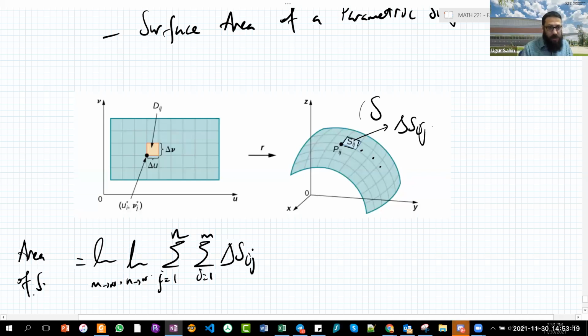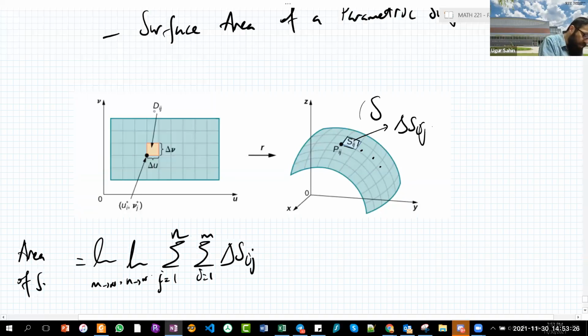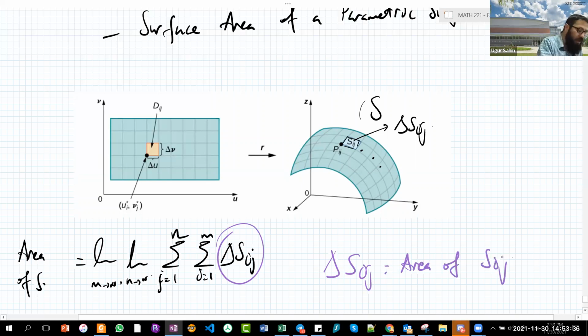But the problem comes from this part, guys. What is the area of delta S_ij? How can I calculate the area of S_ij? When I did this for the region D on the plane, I used rectangles.